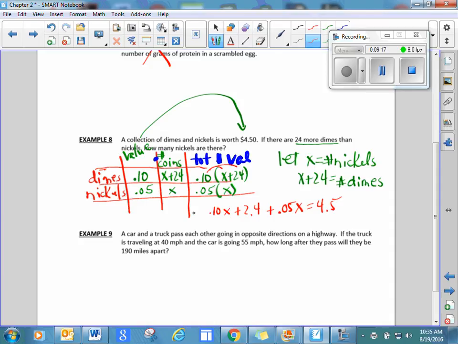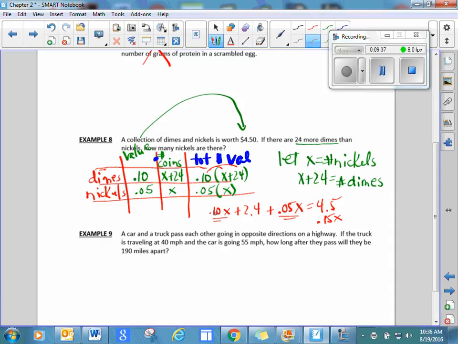We can combine our like terms. You've got x's, you've got 0.10 of them here and another little bit more here. Don't make the mistake of thinking this is 0.015. It's 0.15 x's.